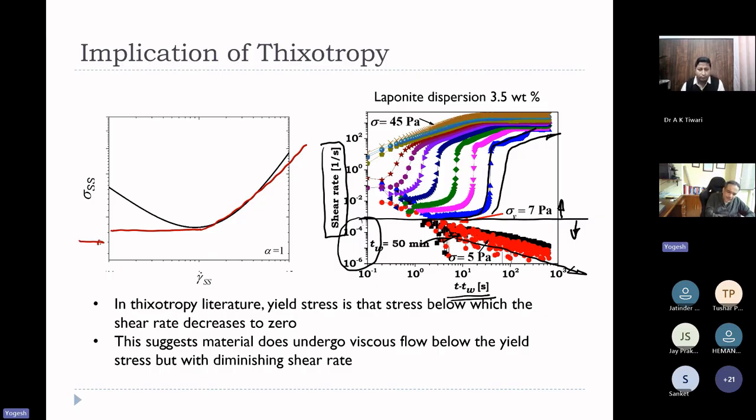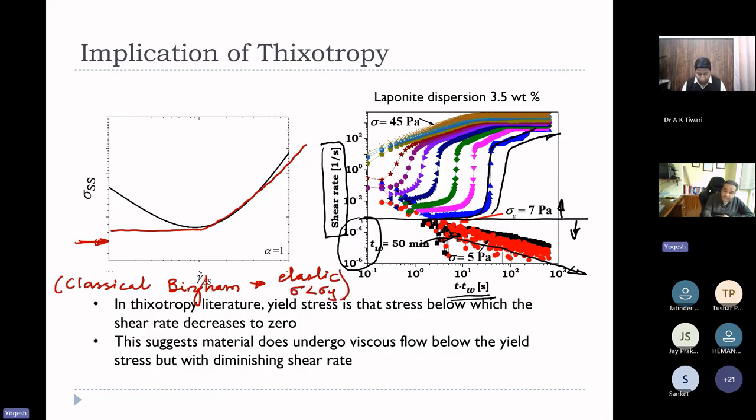So when you applied any stress below this, the material did not undergo any deformation, because you can very clearly see that there is no deformation possible below. It only undergoes elastic deformation for classical Bingham. So classical Bingham showed elastic deformation for sigma less than sigma y.